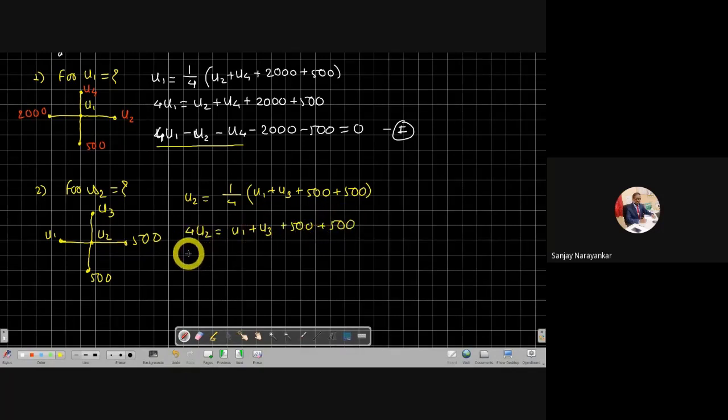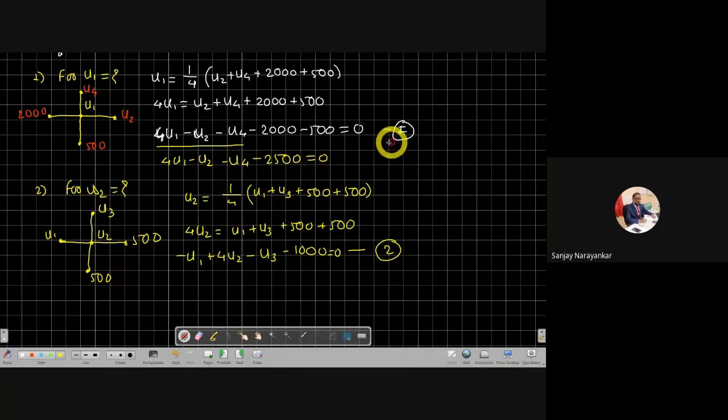So we write minus u1 plus 4u2 minus u3 minus 1000 equal to 0. That is equation number 2. And here we can also write 4u1 minus u2 minus u4 minus 2500, which I'll write as equation 1.